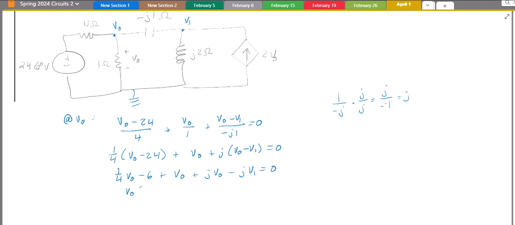So V0 1/4 plus J plus, wait, I had another V0 there, so V0 plus 1/4 V0 is 5/4 plus J, plus negative JV1 equals 6.